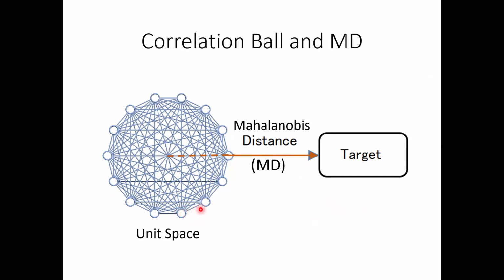The circles are the input items and the lines are the correlation coefficients between the items. The Mahalanobis distance is the distance from this center of correlation ball.